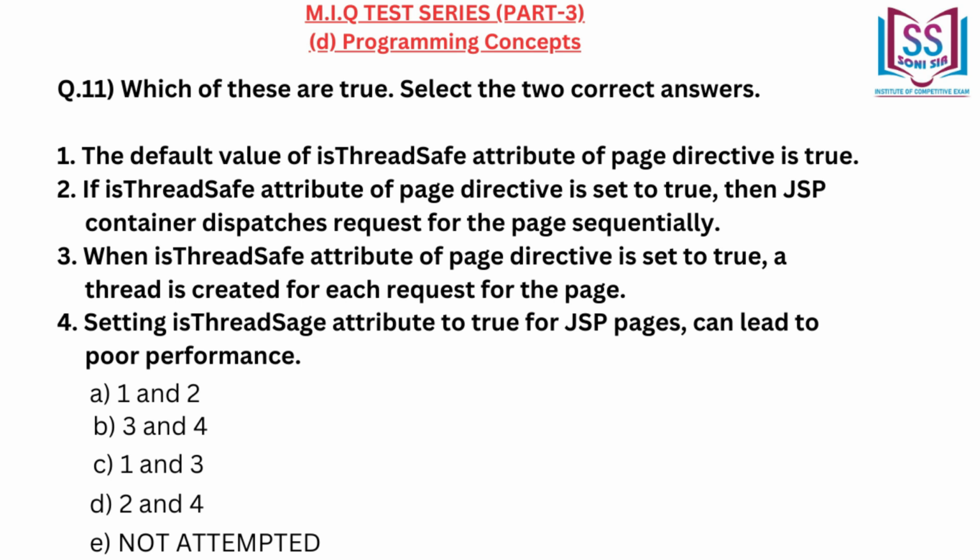When isThreadSafe attribute of page directive is set to true, a thread is created for each request sent for the page. 4. Setting isThreadSafe attribute to true for JSP pages can lead to poor performance. A. 1 and 2. B. 3 and 4. C. 1 and 3. D. 2 and 4.